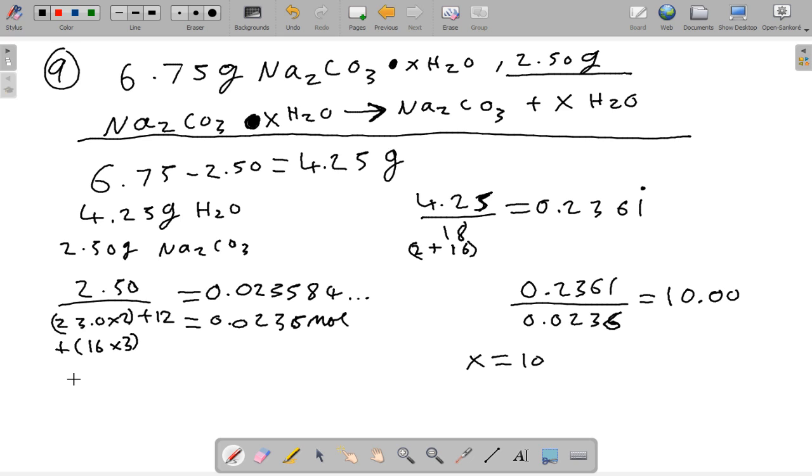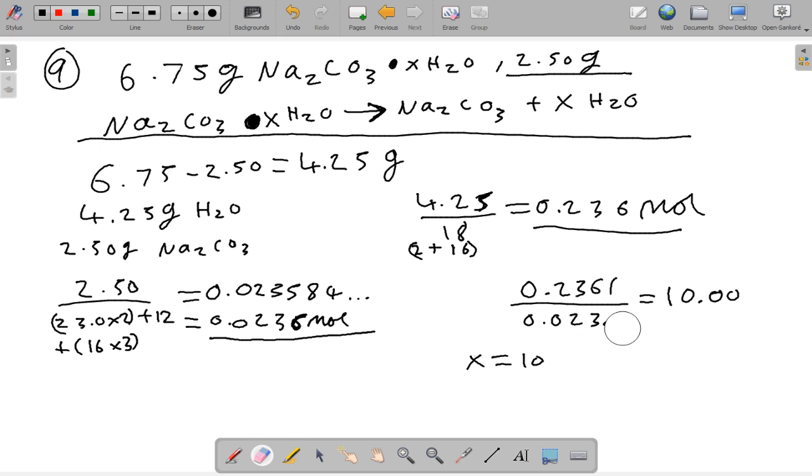So 2.5 over 106 gives us 0.023589, and it goes on pretty much until my calculator display ends. So to 3 sig figs we have 0.0236 moles, and for the water 4.25 over 18 gives us 0.2361. So to 3 significant figures we have 0.236 moles. And we have big number over small number. Notice that I'm using my full calculator displays.